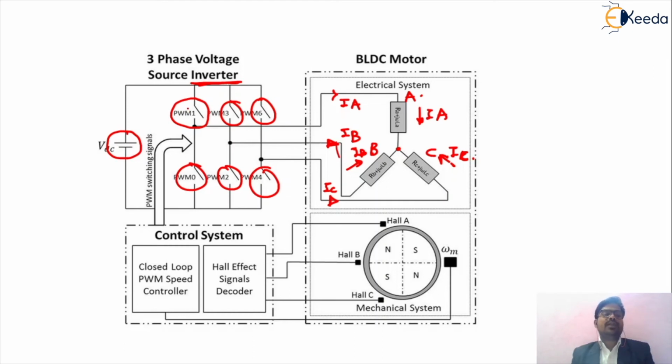Now we are using the MOSFET, that is metal oxide semiconductor field effect transistor. With the MOSFET, we are using the modulation technique called pulse width modulation. That's why we represent them as PWM1, PWM3, PWM5, PWM2, PWM4, PWM6. So we are using 6 MOSFET devices for changing the commutation.